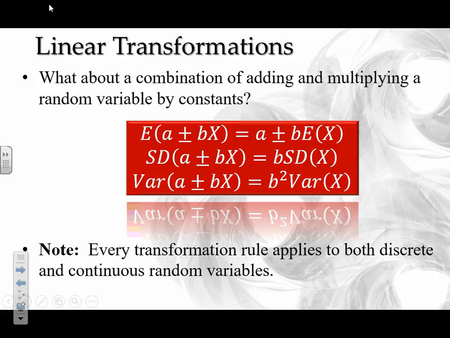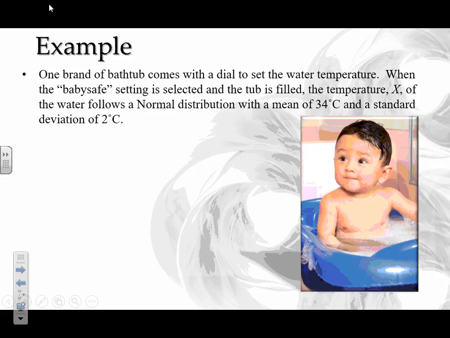So if you're given a continuous random variable and they tell you the mean and standard deviation, when you proceed to multiply or divide or add or subtract, your mean and standard deviation for the continuous random variable are going to react in the same way that a discrete random variable would. So all of these formulas apply to both types. Okay? So, we already talked about a discrete case. Let's switch it up and talk continuous.